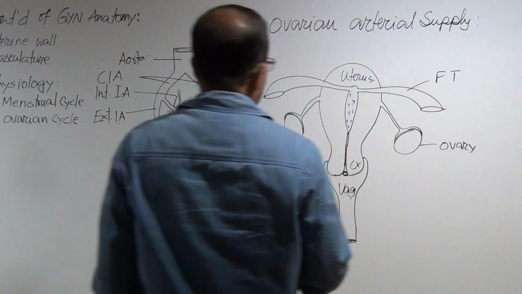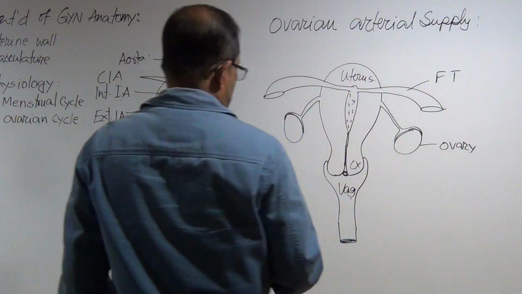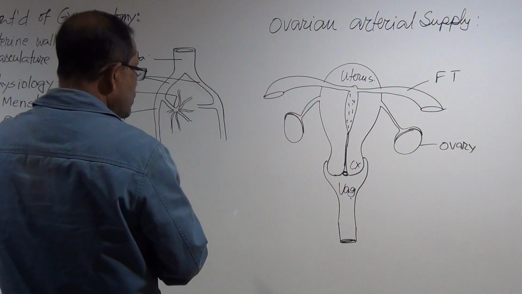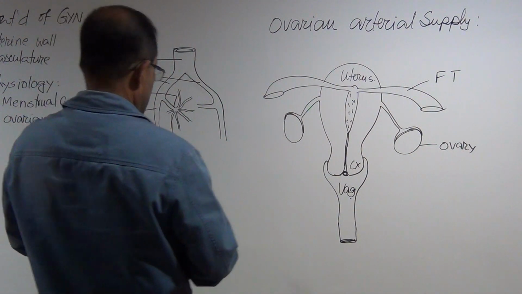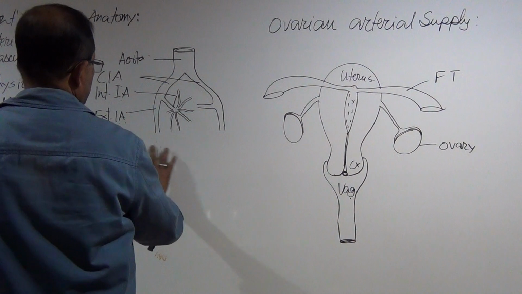The ovarian blood supply. There are two sources of ovarian blood supply.